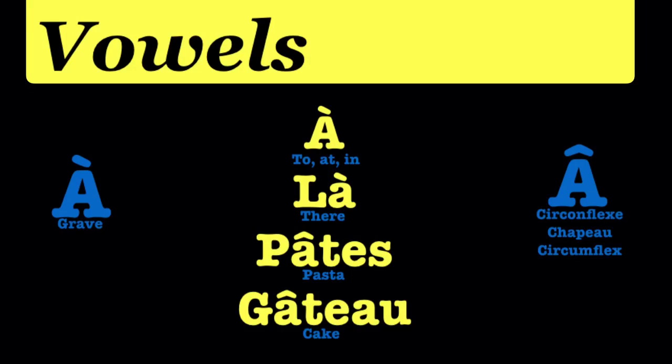A will still be pronounced A. Just to note that in the past, A with the accent circumflex was pronounced somewhat differently, but that difference is no longer as common. So for the most part, when you see A with either of these two accents that we have here, it will still be pronounced A. And here we have some examples. À, là, pâte, gâteau.